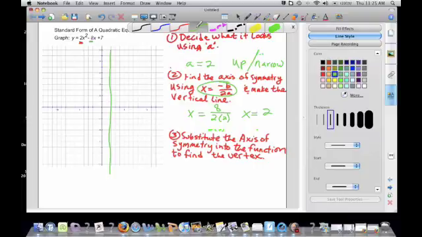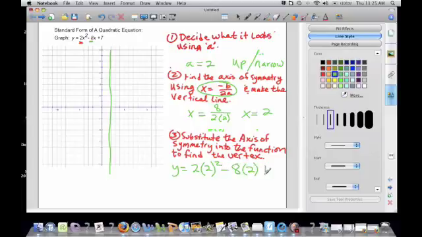So we'll say y equals 2 times our x for our line of symmetry, which was 2, squared, minus 8 times 2 plus 7. You should see that all I really did there was substitute our 2 into our function. Okay?